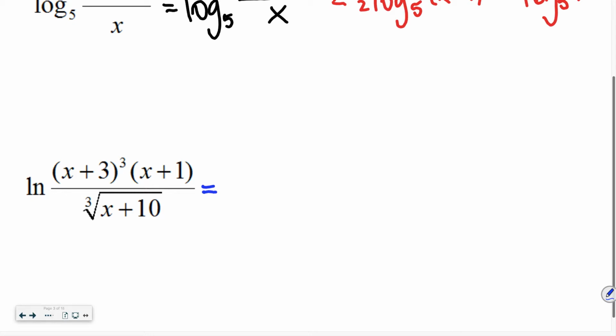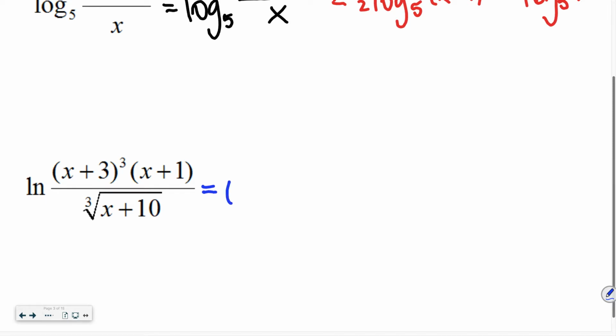Check it with your neighbor to make sure they have the same. All right, what do you have?